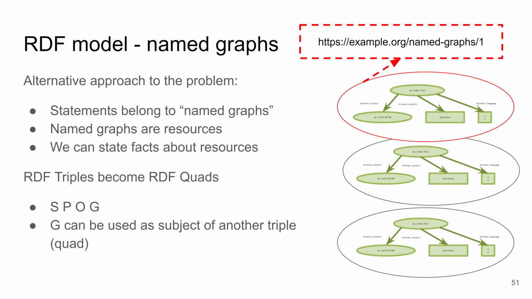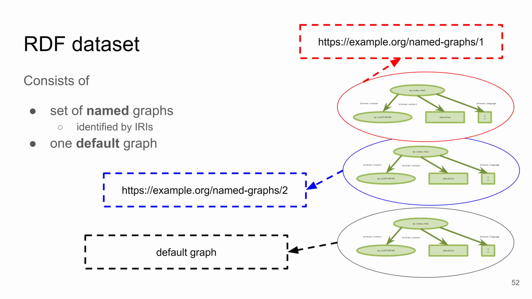So then we'll have a named graph like the one on the illustration, then we'll have another named graph, and then we'll have one special graph called a default graph, which will not be identified by any IRI. So when we specify an RDF triple and do not specify the graph IRI, we will say that this triple belongs to the so-called default graph.